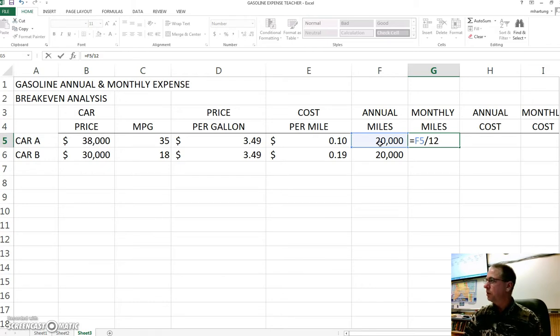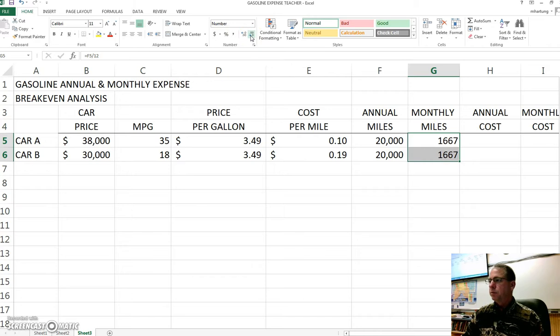There are 12 months in a year. I'm going to go ahead and reduce the decimal places, just no decimal places there, to 0. Equal sign right there on this one. There we go. I'll just reduce that to no decimal places, and there we go.